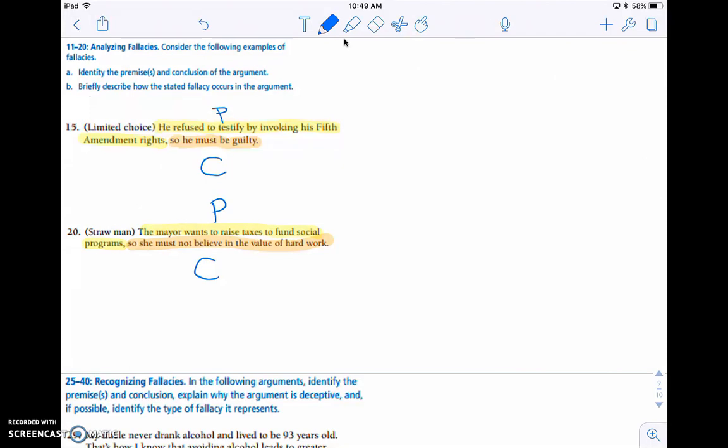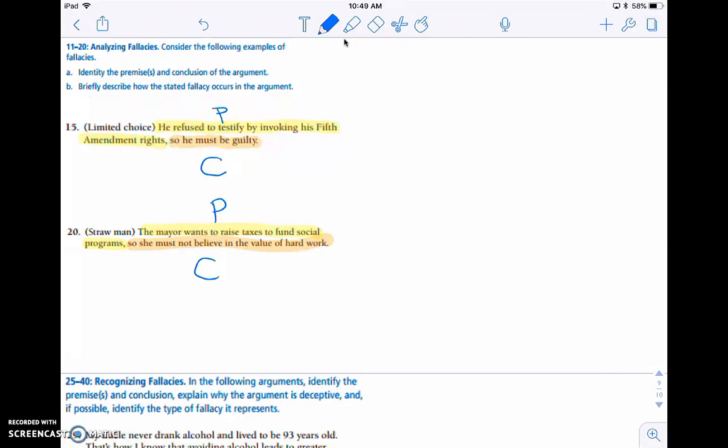So what they're trying to do is distort your view of the mayor by fooling you into this conclusion, where we start with this and we end with something that's really not true, and we're really not even looking at the premise that was given.